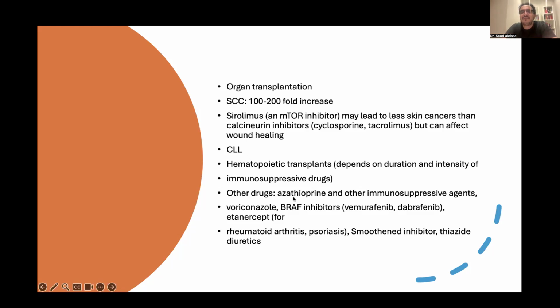Kidney, liver, lung, heart, etc. Okay, I think Sammy answered, renal. It turns out heart. And the reason is simple. It's not because of the heart. It's because they have the highest immunosuppression. Does that make sense? Okay.